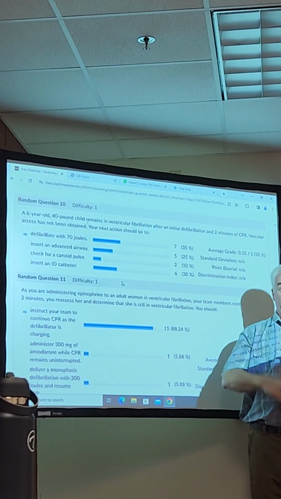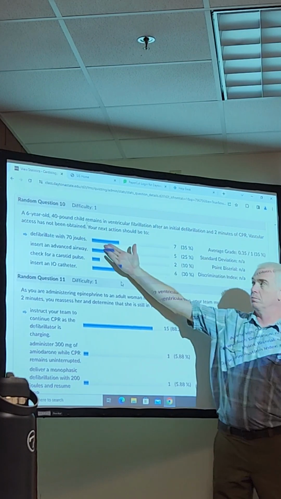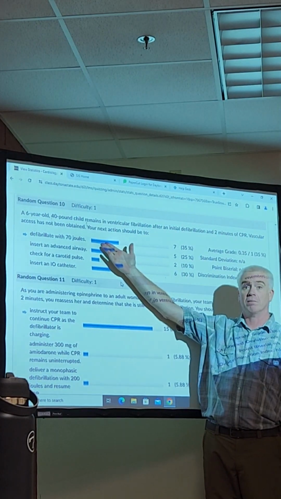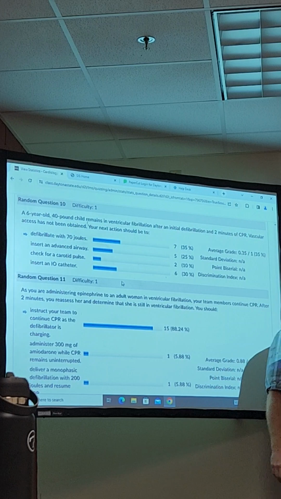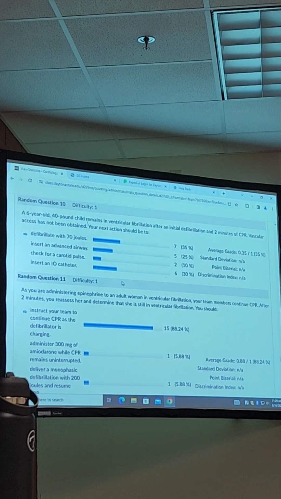So they're in VFib, we shocked, 2 minutes of CPR, the next thing is... Isn't the algorithm shock, CPR, medication? If you actually read the algorithm, it's shock, CPR, shock, medication, CPR. But that is written for when we just arrived on scene.